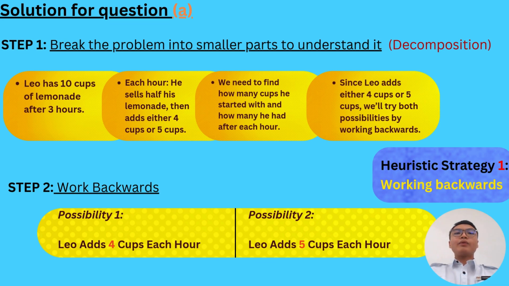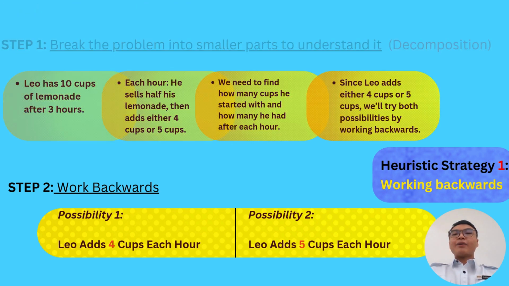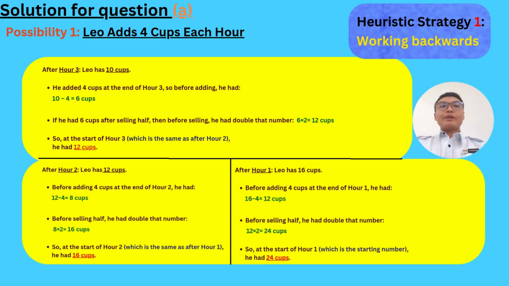And step 2, we work backwards for possibility 1 and possibility 2. Possibility 1, Leo adds 4 cups each hour. And possibility 2, Leo adds 5 cups each hour. Now we look at the solution for possibility 1, which is Leo adds 4 cups each hour.